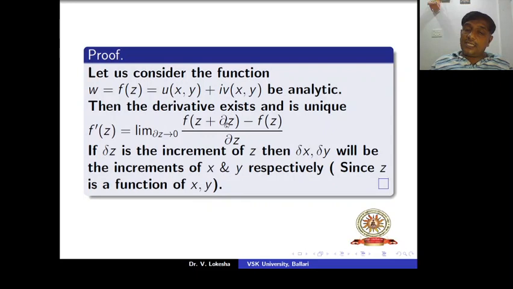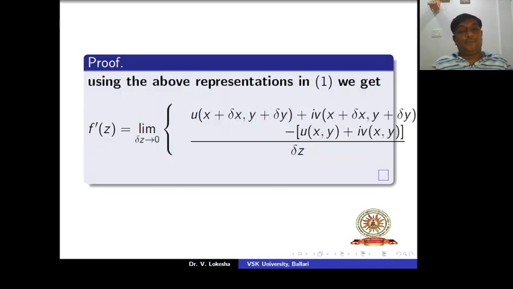If delta z is an increment of z, then delta x and delta y are also increments of x and y respectively, since z is a function of x and y.